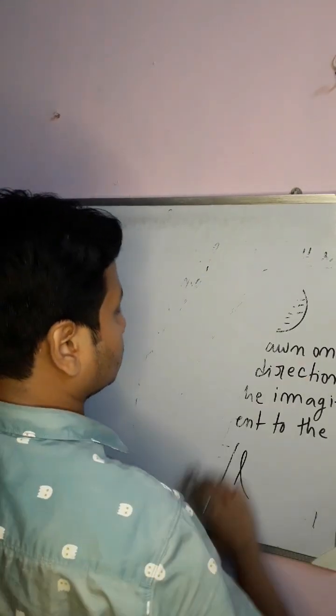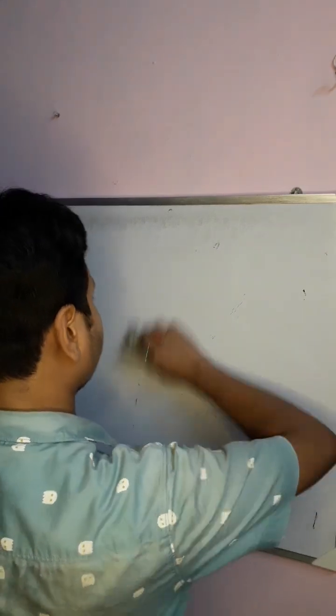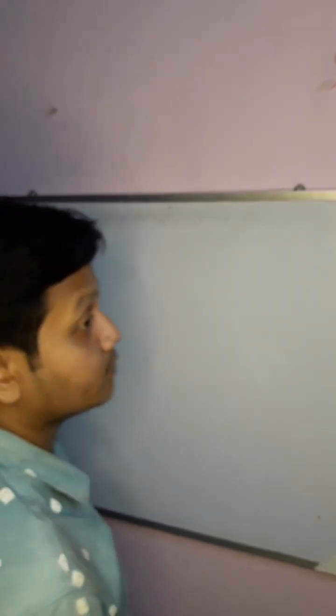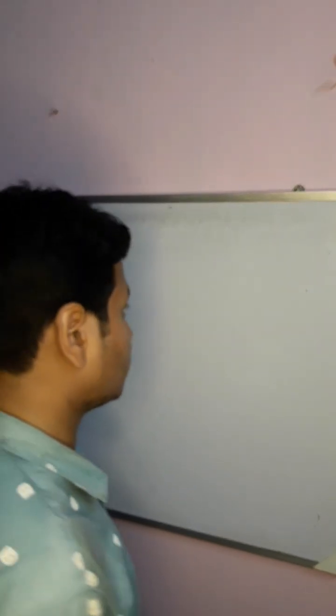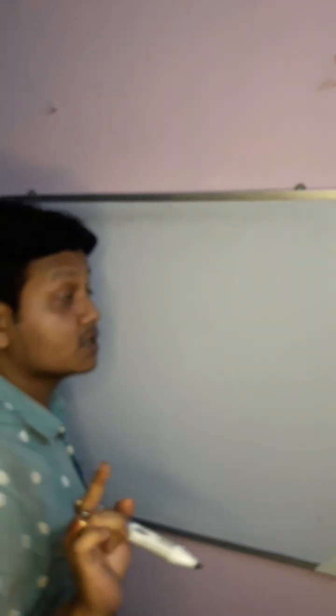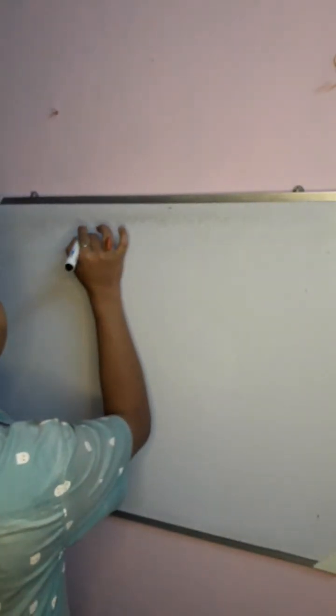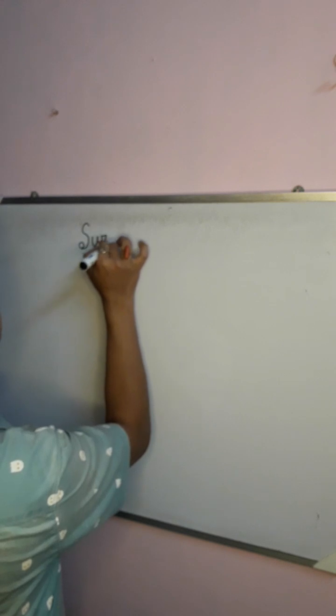Also remember one thing that is very, very important: the surface property of a liquid is totally different from the bulk property. Here we are talking about the surface property. Surface tension means surface property.